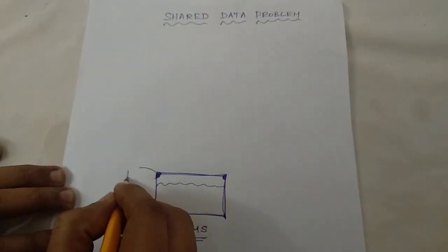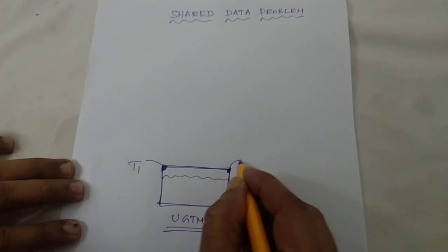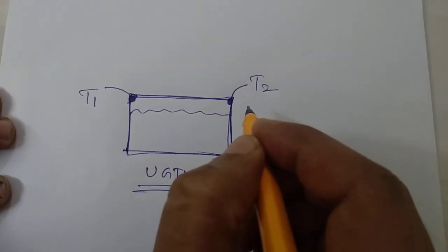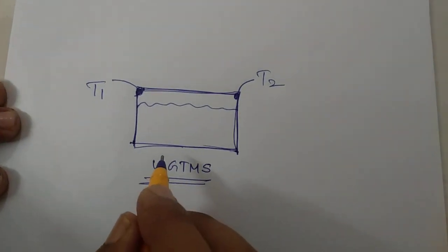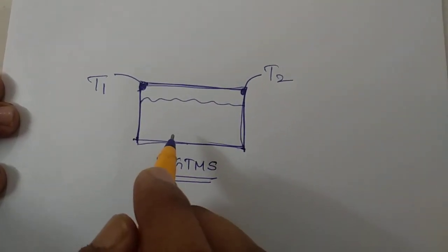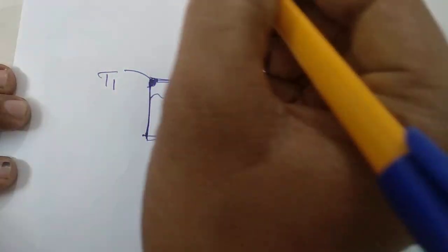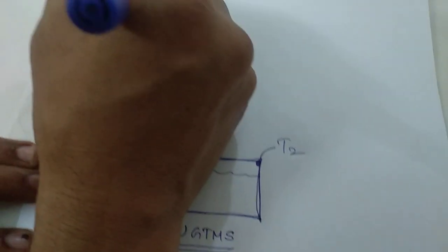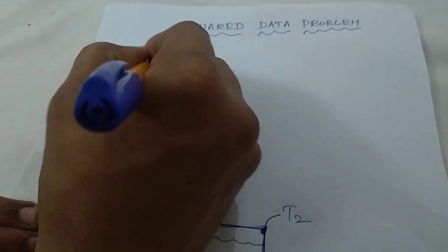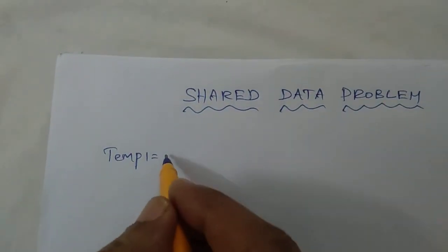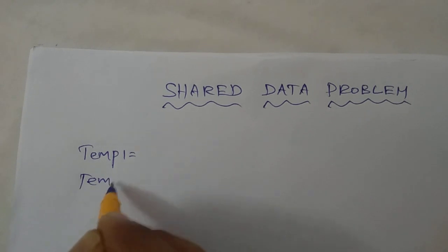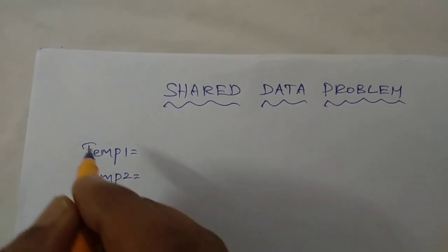There is a temperature sensor T1 and a temperature sensor T2, kept in the underground petrol tank. When we write code, we use variables: temp1 is used to get temperature 1, and temp2 is used to get temperature 2.